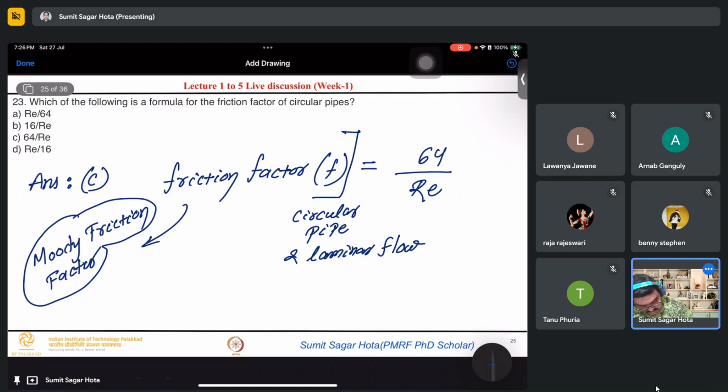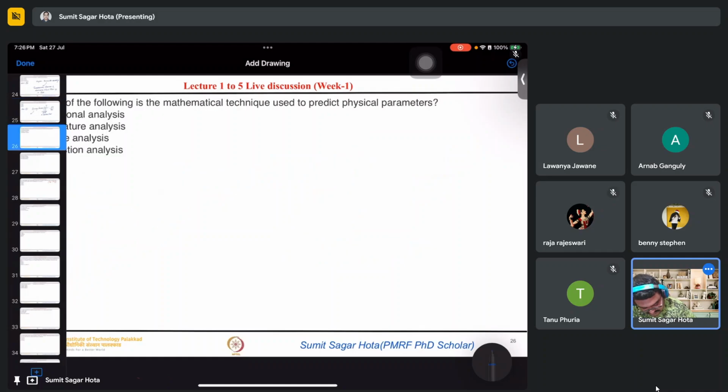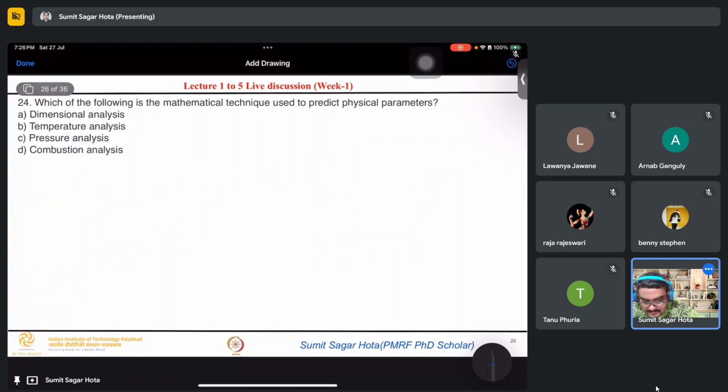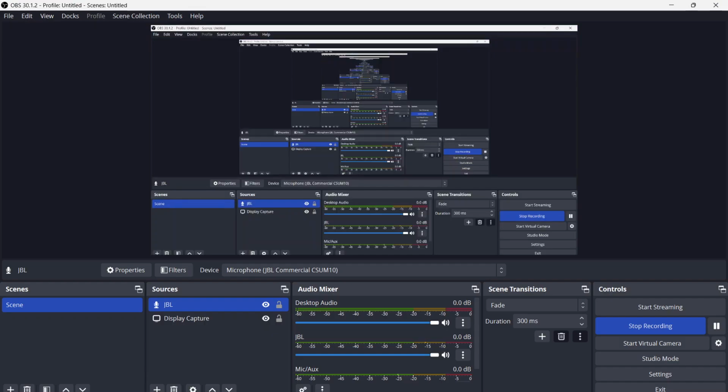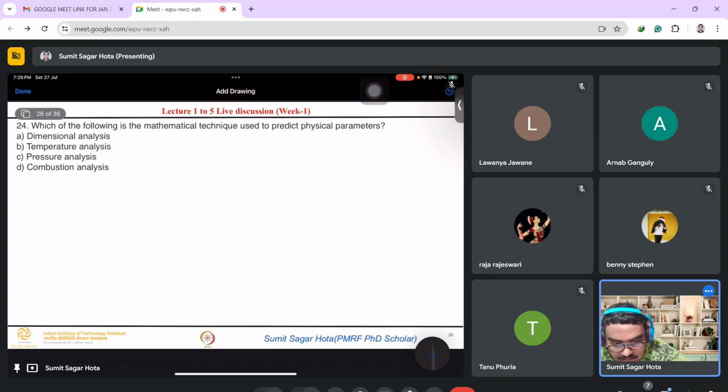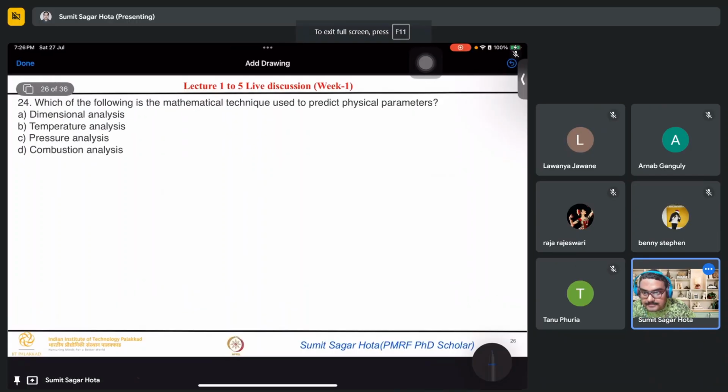Okay, so which of the following is the mathematical technique used to predict the physical parameters?